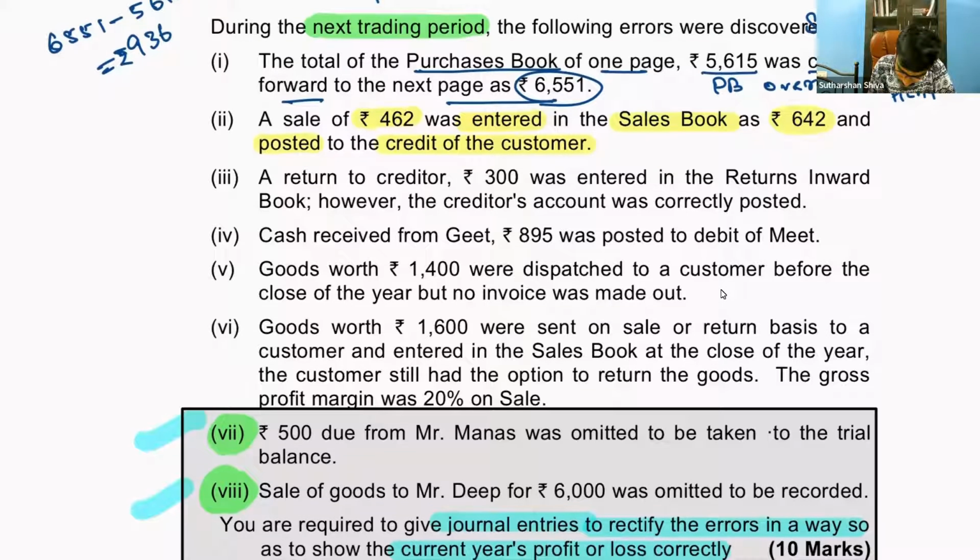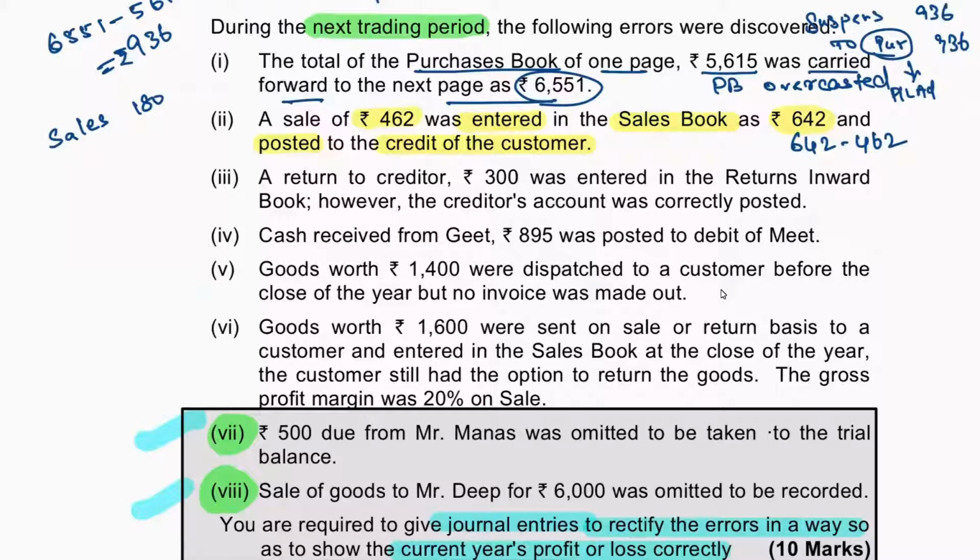Sales book overcasted, what you will do? Actually, it should be credited. It is overcasted, so we will debit it by preparing a sales. What is the difference between 642 and 462? Find out the difference. 642 minus 462. You will get 180, right? Yes, sir. 180. Fine.